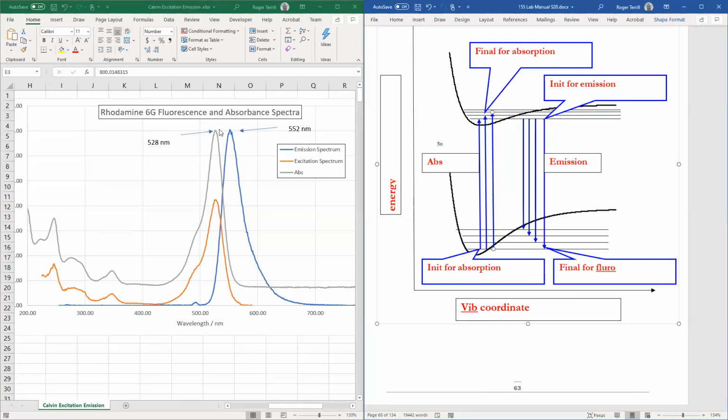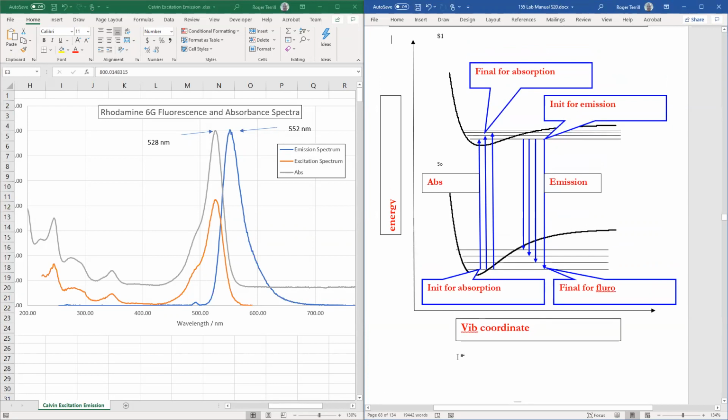That corresponds to 528 nanometers, right? Let's say this one here is the average in the emission. That's 552, right? If you take out the electronic part, then it's these two levels plus these two levels, the difference in those energies. So it's a little bit of ground state and a little bit of excited state vibrational energy levels. It's a difference in length of the arrows.